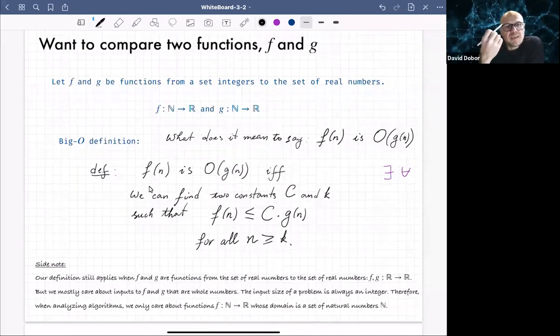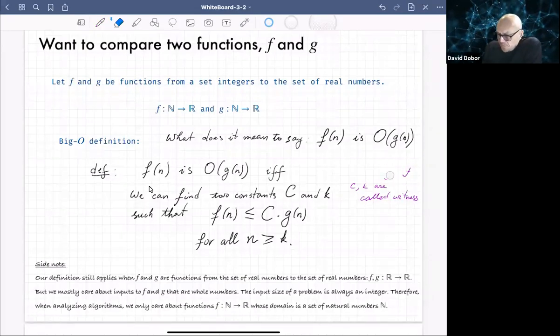If we're asked to show that a concrete f of n is big O of a concrete g of n, we are essentially being asked to find these two constants, C and K, also called witnesses, for which this inequality holds. Sometimes they are called witnesses. What do they witness? They witness the fact that f of n is big O of g of n.